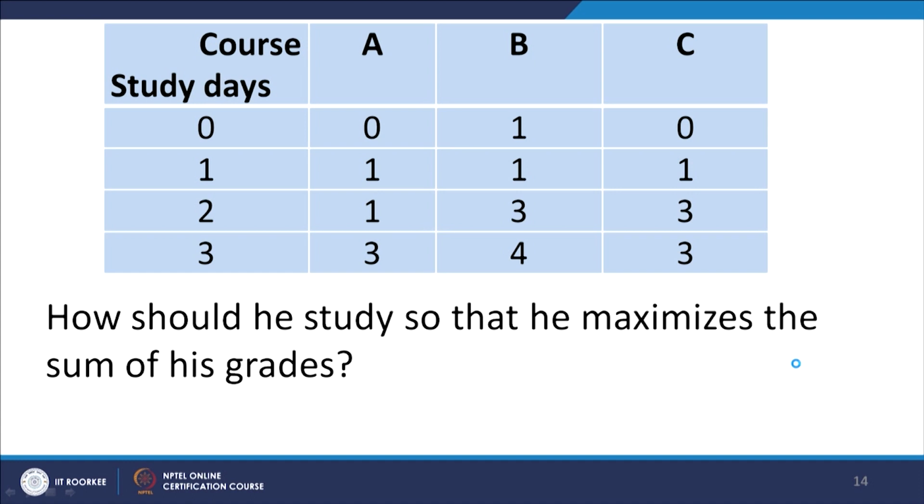If he does not study for any day, then in subject A he will get 0 grades, in B he will get 1 grade, and in C he will get 0 grade. So, these are his estimated grades.